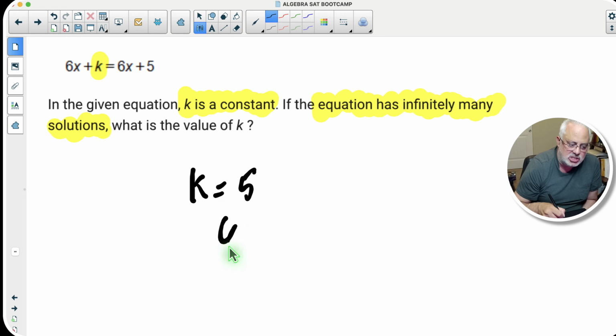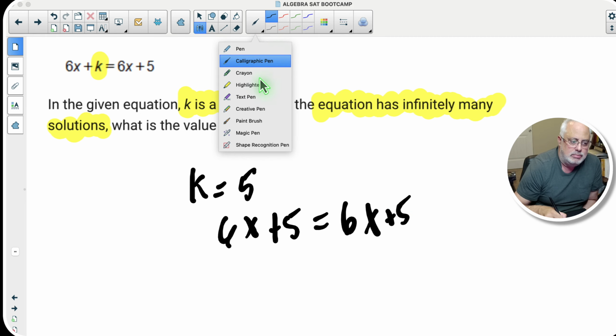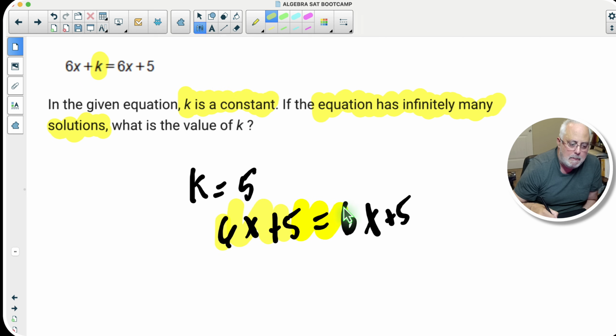Because you're going to have 6x plus 5 and 6x plus 5, which is the requirement to have infinitely many solutions. This is the easy question.